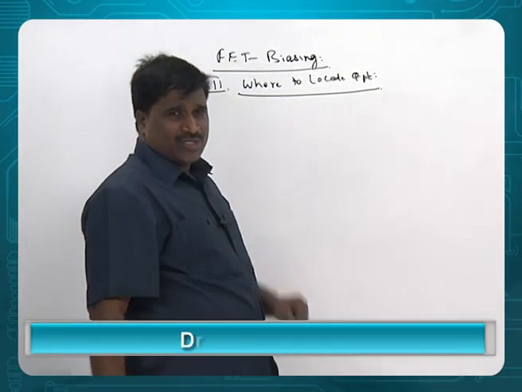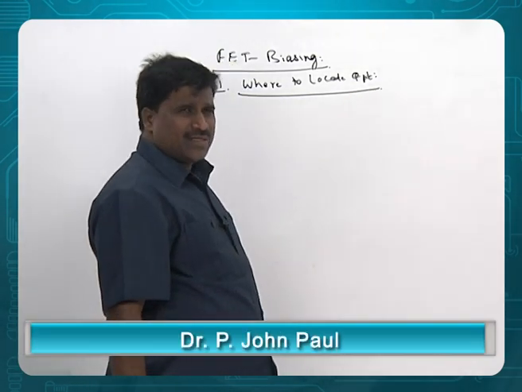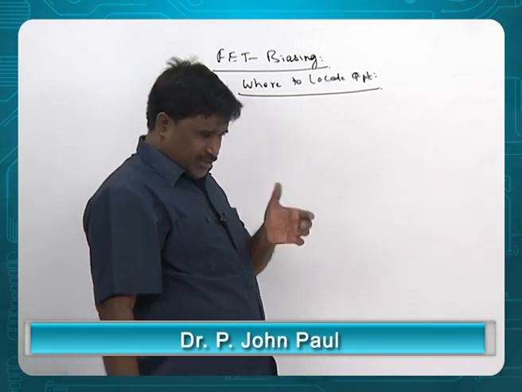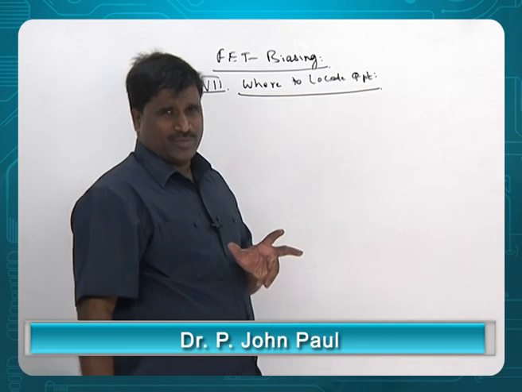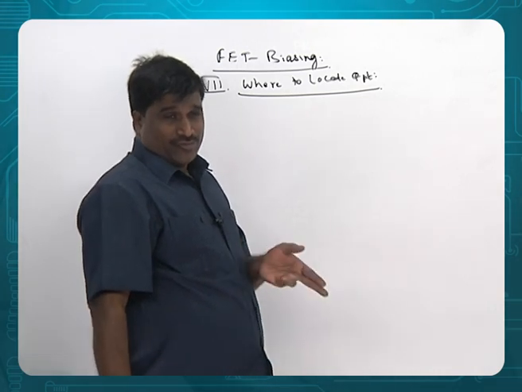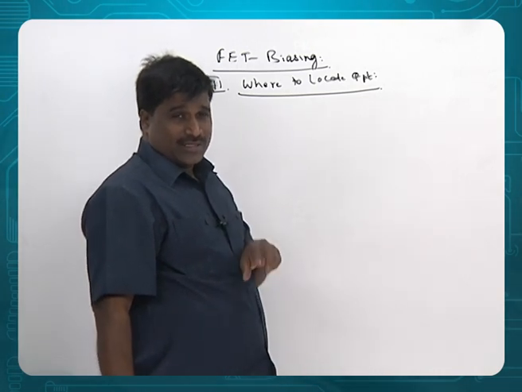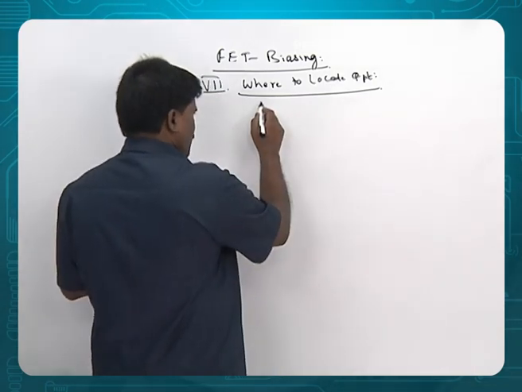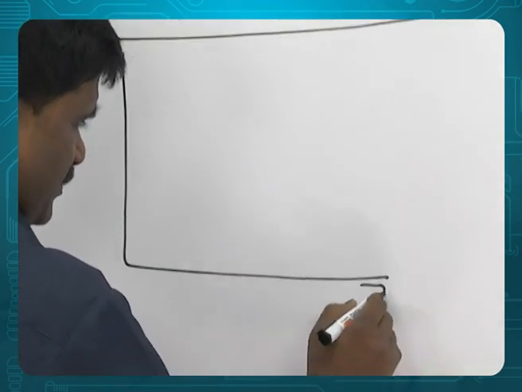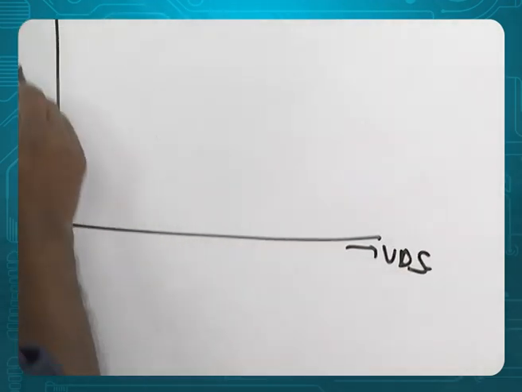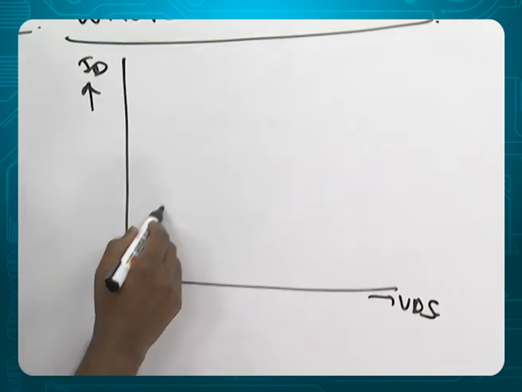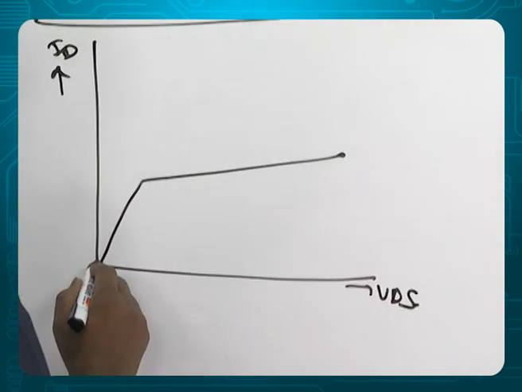Just now in the previous topic, we have seen how to locate. How to locate is a procedure for locating Q point. Where to locate is graphically to say where. For example, look at your characteristics here, VDS versus ID, and this is the characteristics you have.